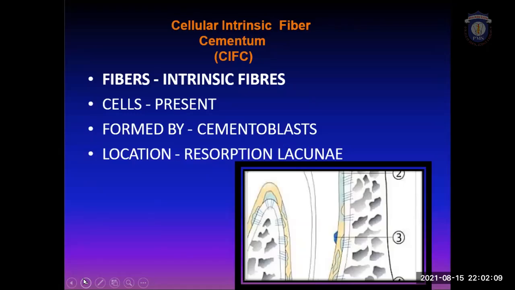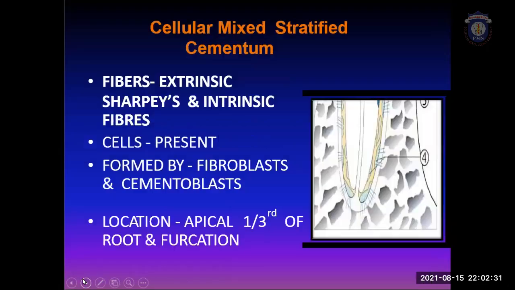Then you have the cellular intrinsic fiber cementum. Here it is cellular in nature, that is, cementocytes are present, and the fibers present are intrinsic in nature. The cementoblasts get entrapped and are called cementocytes, so there will be the presence of cementocytes.